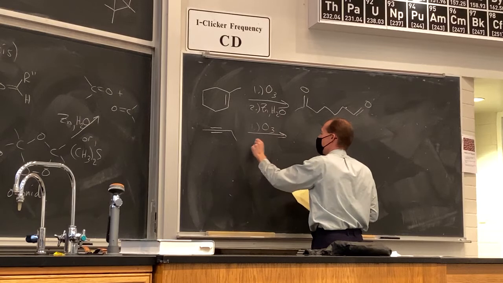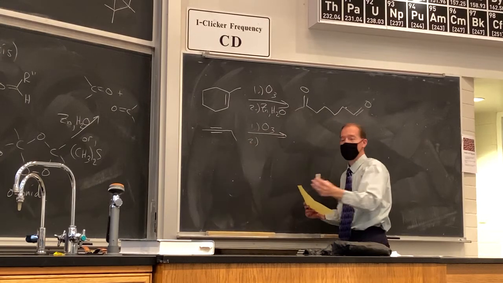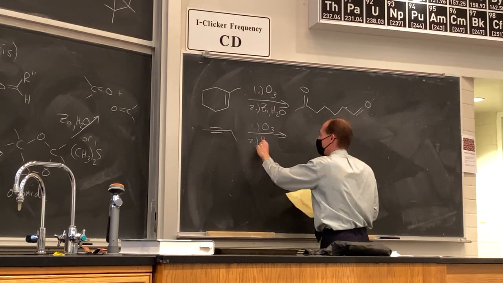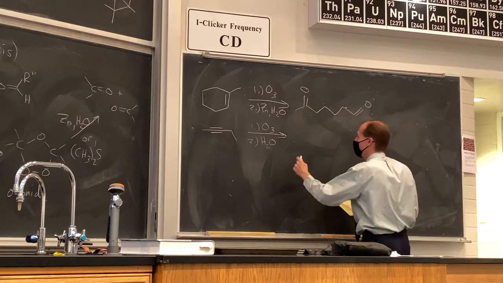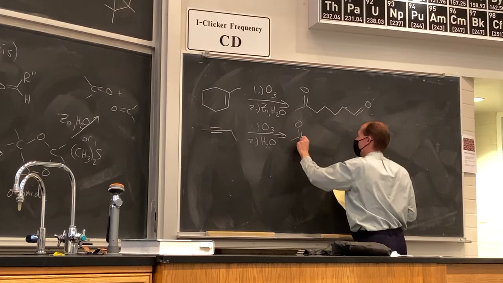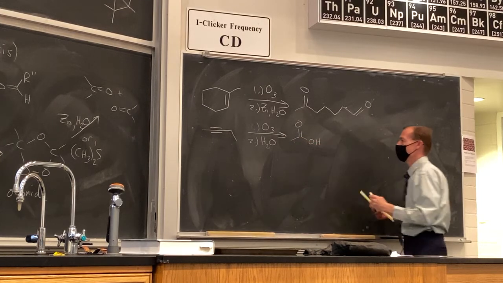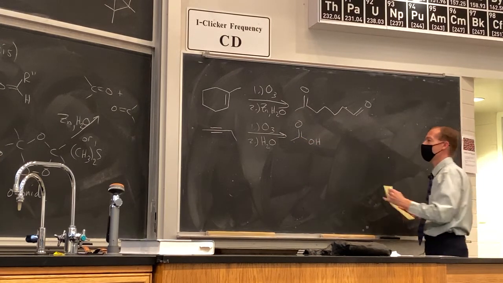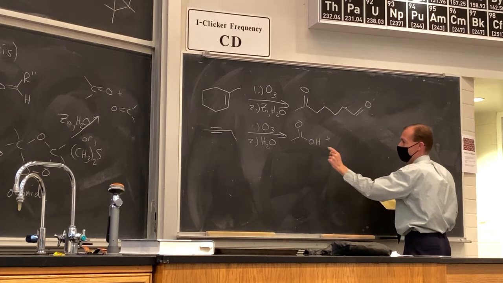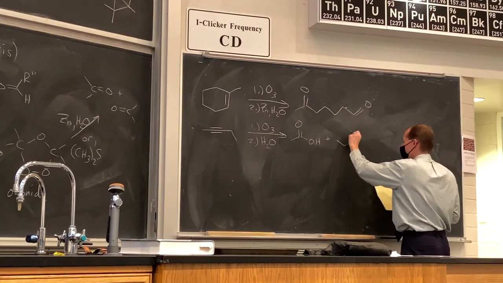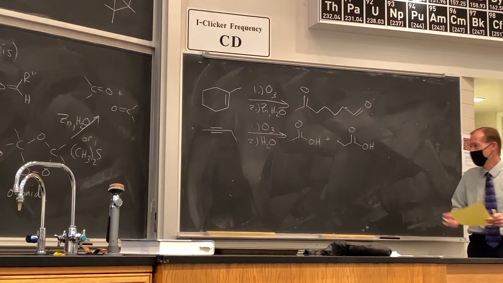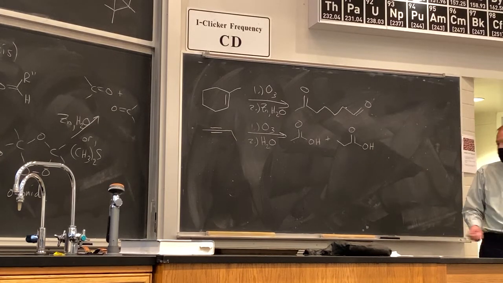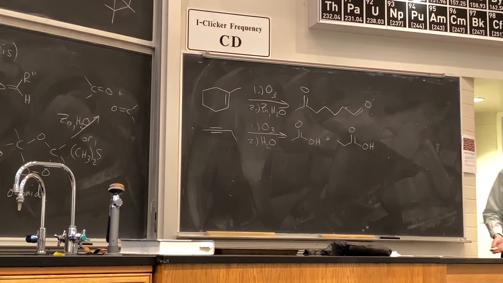In this case, if it's an alkyne, the intermediates we get don't require the reduction, they just require water. Okay, so ozone and water will allow us to form carboxylic acids. In this case, we'll get acetic acid from the left-hand part of the molecule. We'll get propionic acid, which is incredibly stinky, from the right-hand part. So this is not a reaction we want to do in the lab.